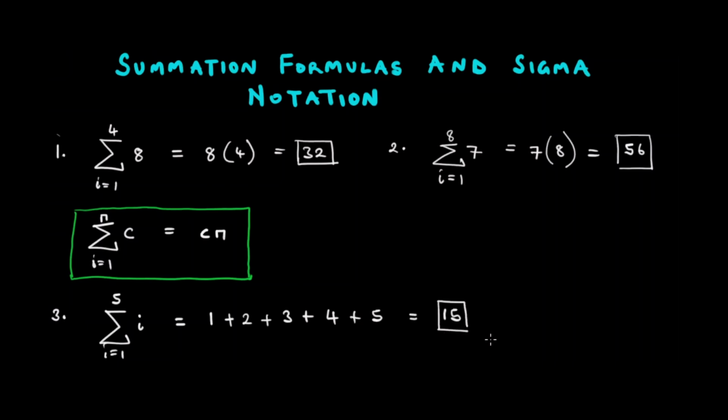But there is a relation which we should know. Because what if our upper bound is bigger, say 40? Are we then going to say 1 plus 2 plus 3 up until we get to 40? That is time consuming.